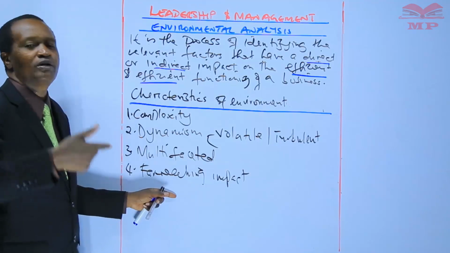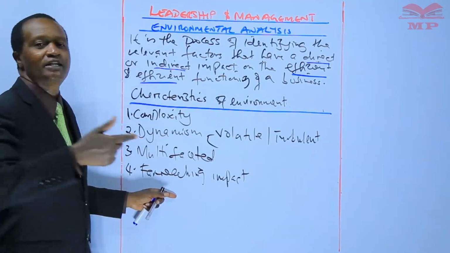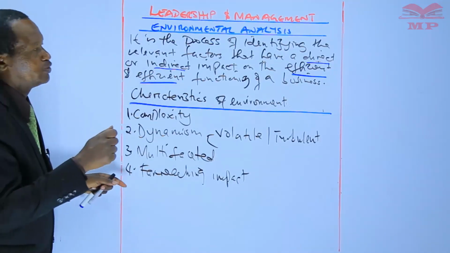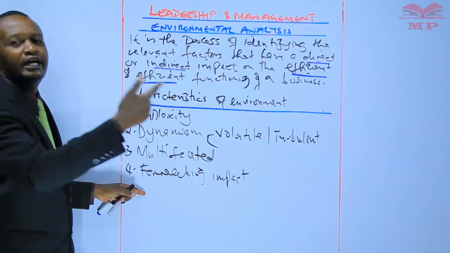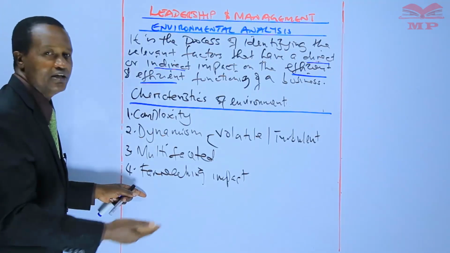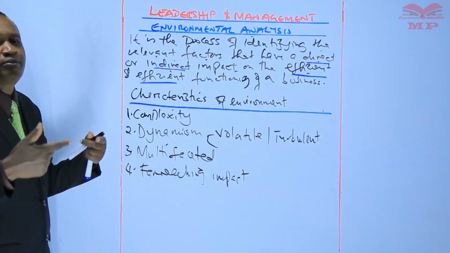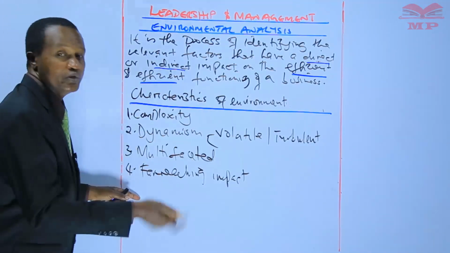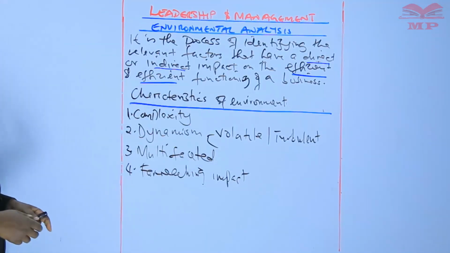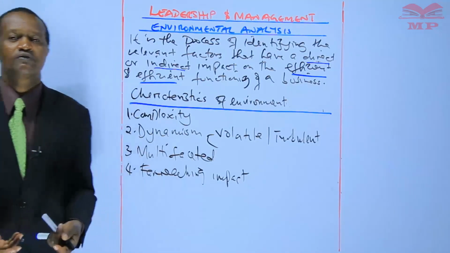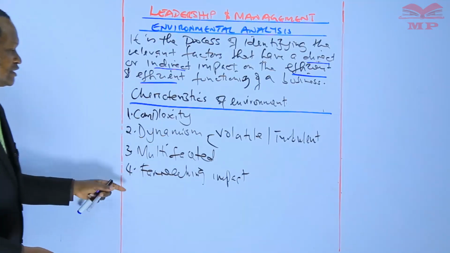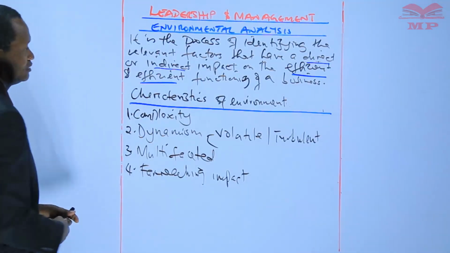And the survival, the growth, the profitability, the development of an organization depends critically in terms of what we will be looking at later on, macro and micro factors of the business environment. And these environmental impacts may bring new dimensions to the business. So these are some of the characteristics of the environment. The environment is complex, the environment is dynamic, the environment is multifaceted, the environment has far-reaching impact.